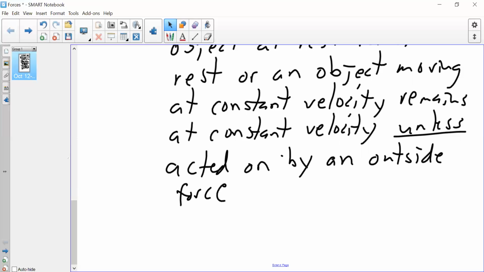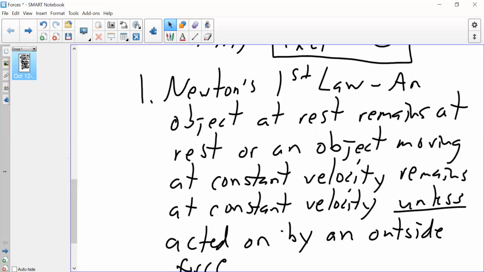That force is not equal to 0. It's going to be a force that can cause this velocity to change. And that is Newton's second law. So we're going to be staying today primarily at Newton's first, where everything's in balance. All the forces in the system will be equal to 0.